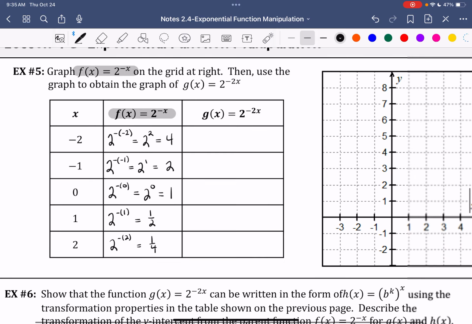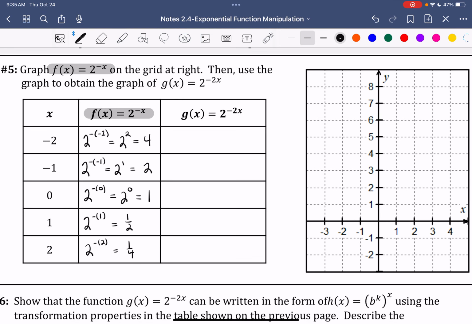So let's plot those points as accurately as we can. We have the point negative 2 comma 4, so about right here. Then negative 1 comma 2, 0 comma 1, 1 comma 1/2, and then 2 comma 1/4.